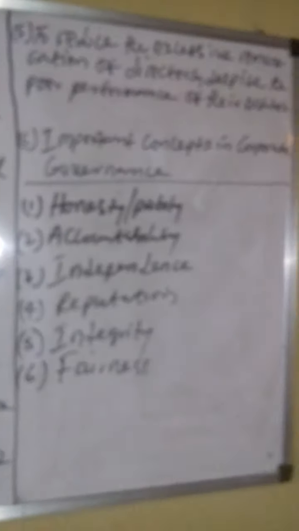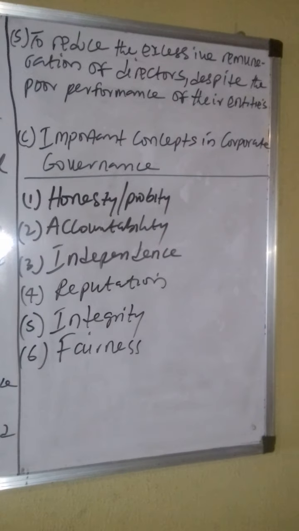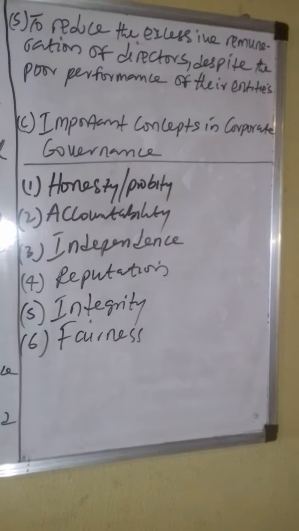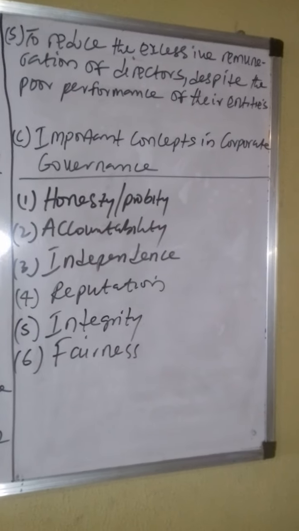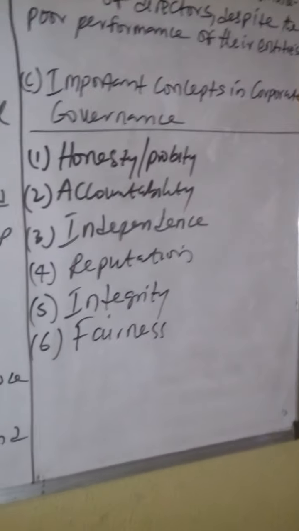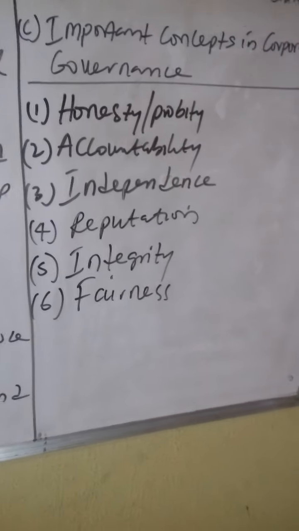All right, the last in today's class. When we meet next class, I will discuss the threats and agency issue. Today we're looking at basic concepts in corporate governance. Number one is honesty and probity.